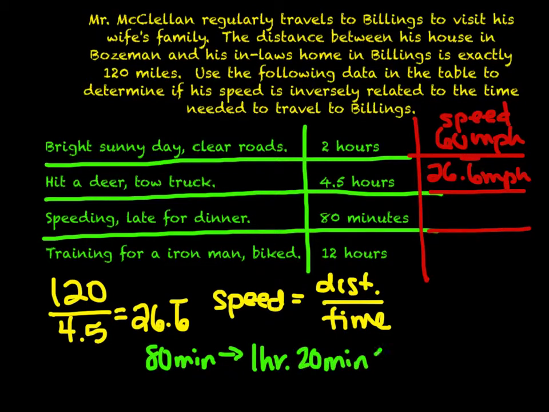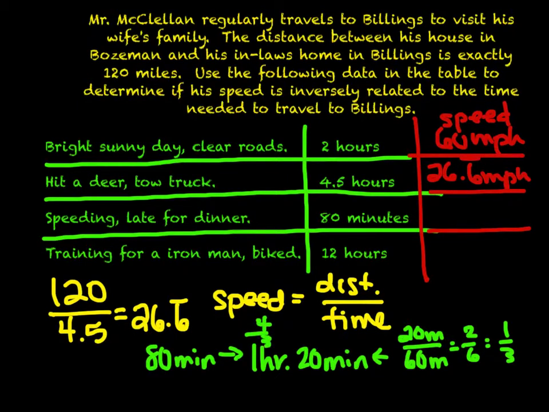Now let's think, how can we convert that 20 minutes into hours? Well, we know there's 60 minutes in 1 hour. So 20 over 60, let's do a little math. We need to simplify it, so we get 2 over 6, which is 1/3. So essentially 1.3 repeating, or 4/3 of an hour.